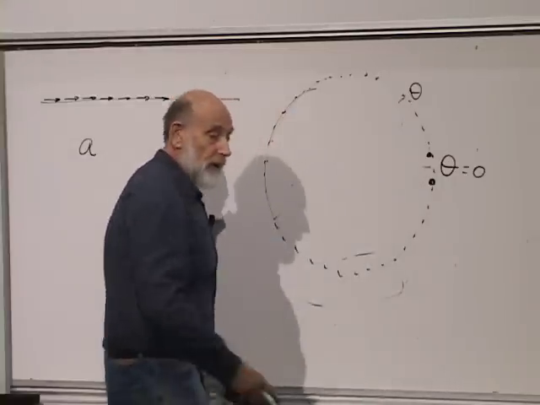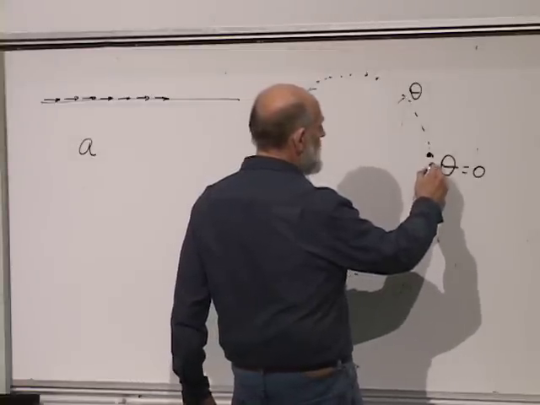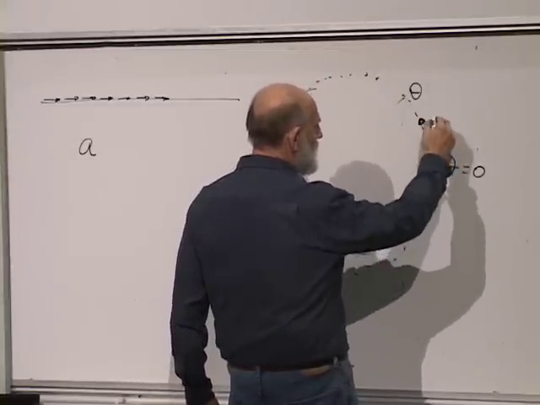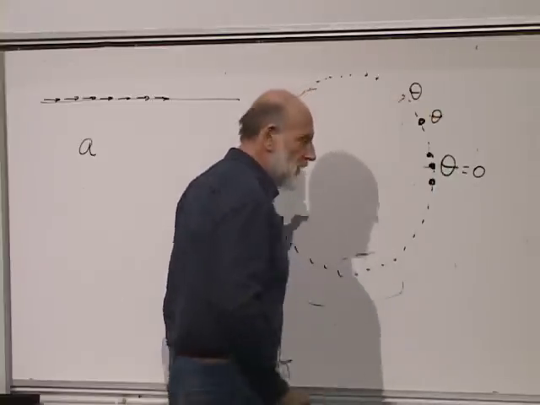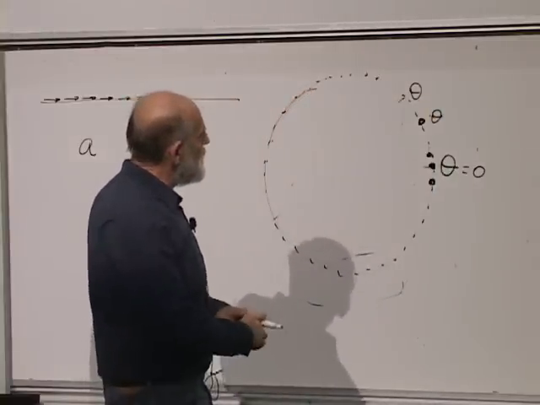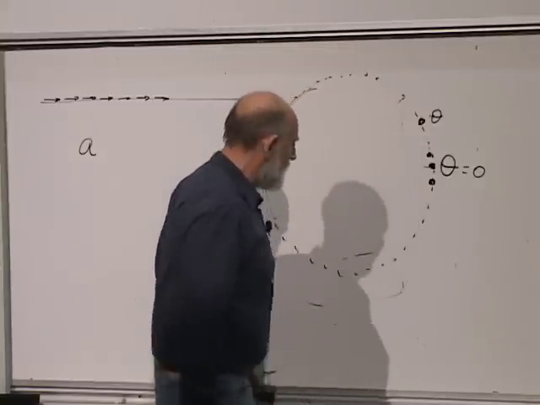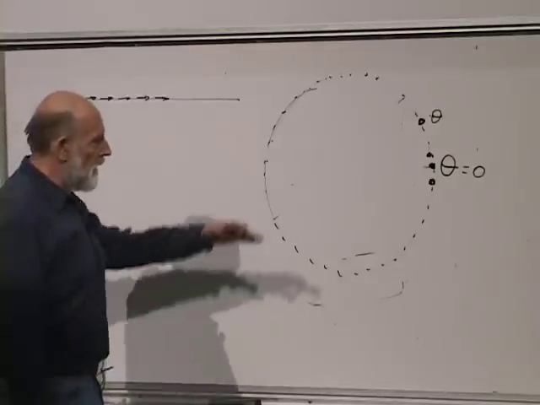Why am I calling that scale factor? We'll see in a moment. But let's take the distance between 2 points, theta equals 0 and theta equals theta, just theta. What's the distance between those 2 points? A times theta. Let's define it to be A times delta theta.